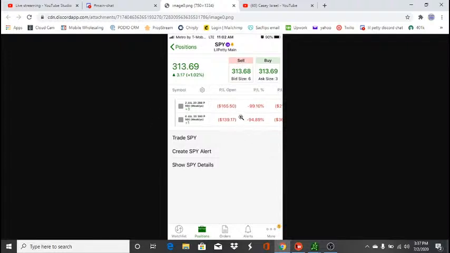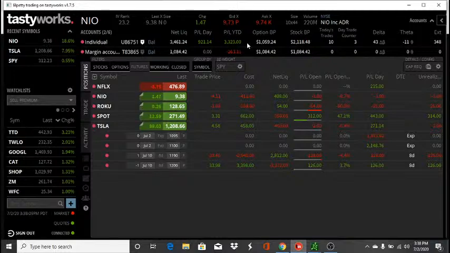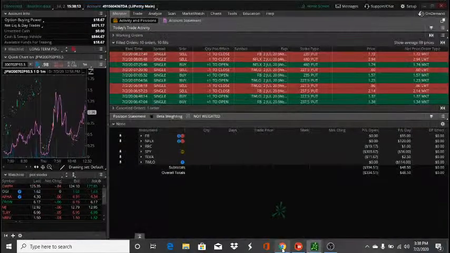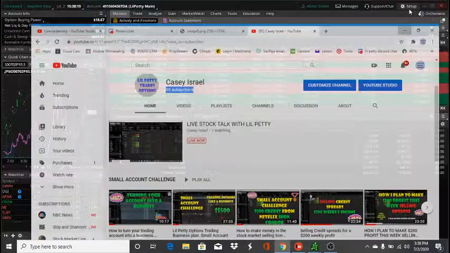So if I would have sold these puts, I would have collected the premium, but I bought them, so somebody took my money. That's how the stock market works. You buy a put, somebody sold it to you. So why not sell puts to people and make money? That's how this account got to $3,000 profit, and it doubled. Go back and watch all my YouTube videos, Little Petty Trades Options, and get filled in.